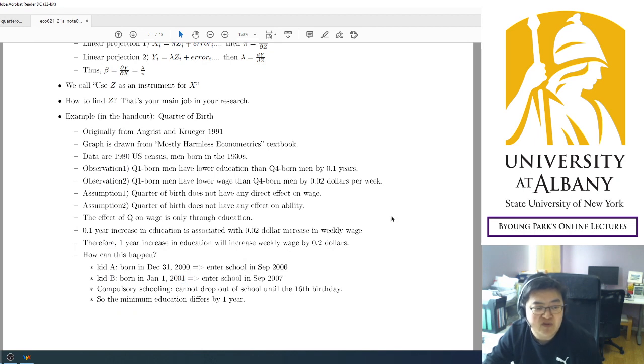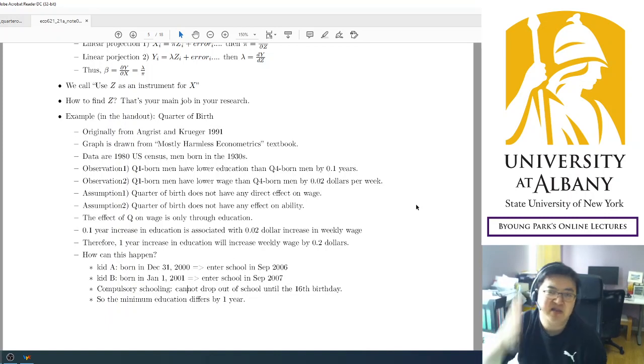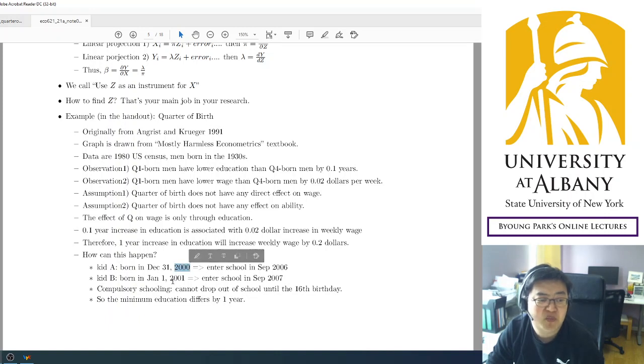So even though their birthday is virtually the same, the problem is their calendar year is different by 1 year. So the first kid was born in 2000 and the other born in 2001.